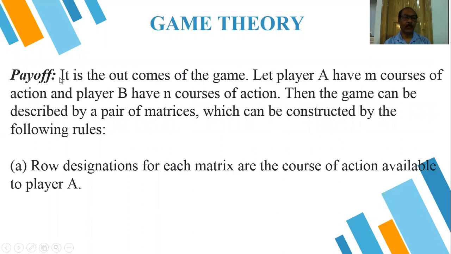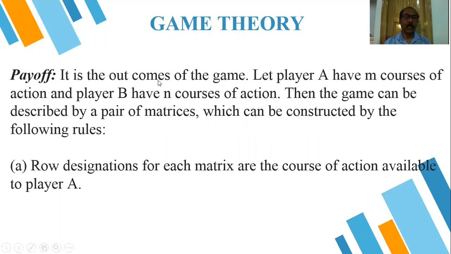Payoff. It is the outcome of a game. Let player A have m courses of action and player B have n courses of action, then the game can be described by a pair of matrices which can be constructed by the following rules.